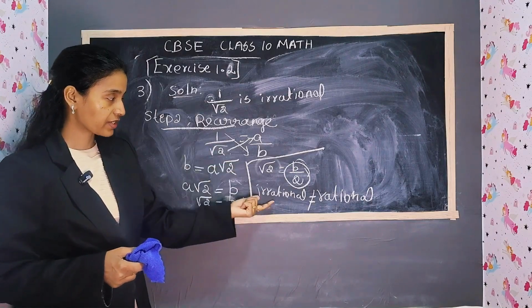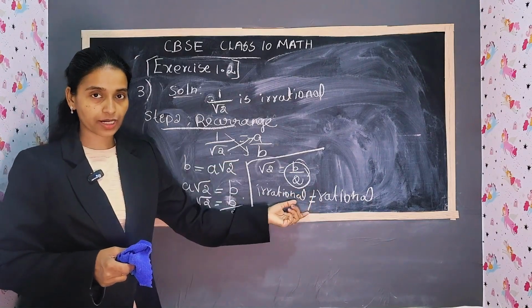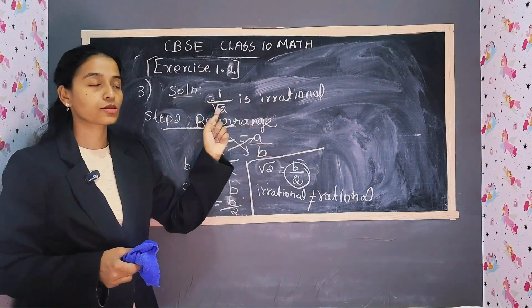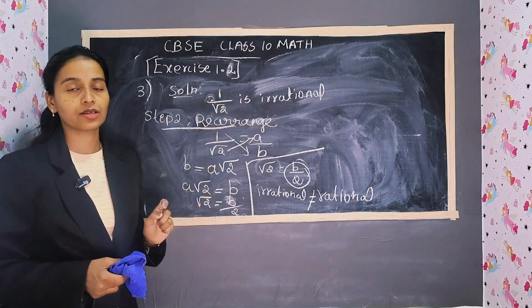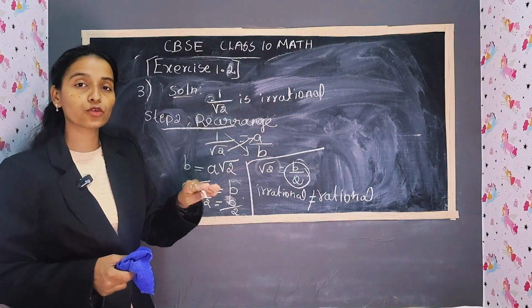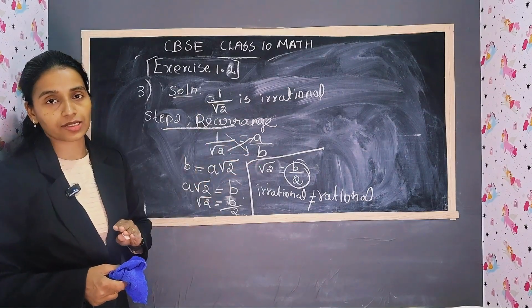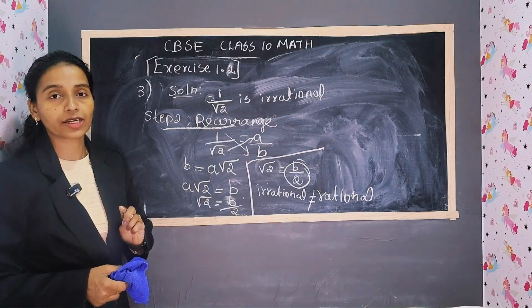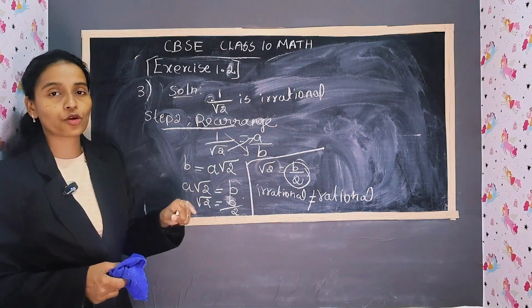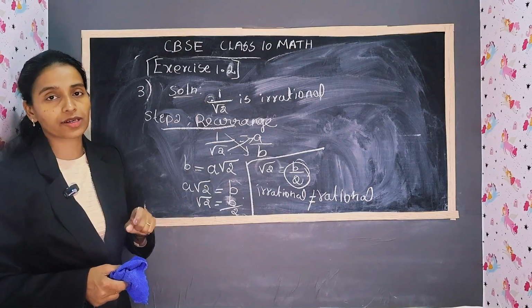So here we found a contradiction, so automatically this 1 by root 2 is irrational. Why? Because we are using the proof by contradiction technique. What is proof by contradiction? Proving our assumption is wrong.